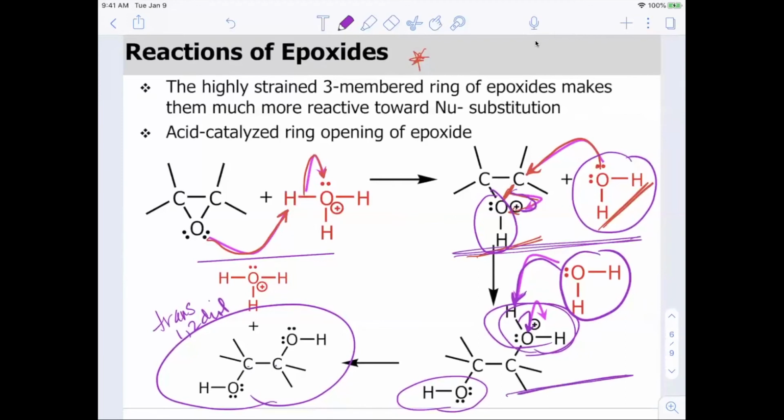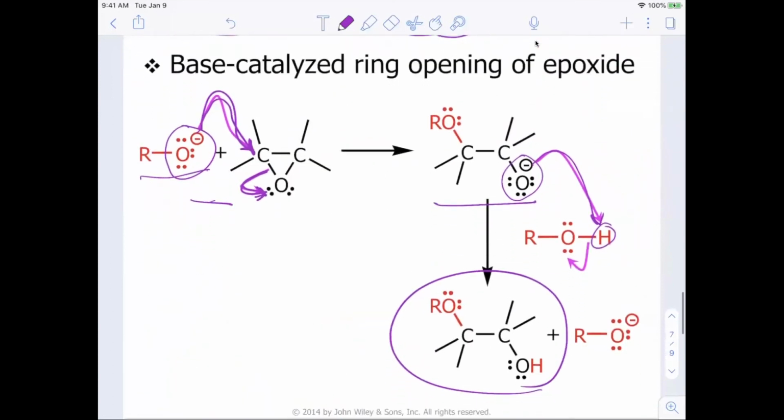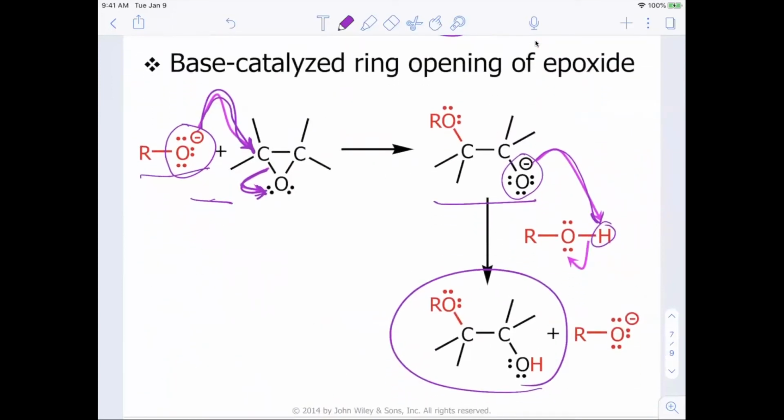For the acid catalyzed, there's one additional step, which is the original proton transfer, which activates this O to become a leaving group. And in the base catalyzed mechanism, we only have attack of the nucleophile, which is charged, so we don't have to deprotonate. So attack of the nucleophile, and then loss of a leaving group, and then that leaving group needs to get protonated at the end. And so there's the difference there.